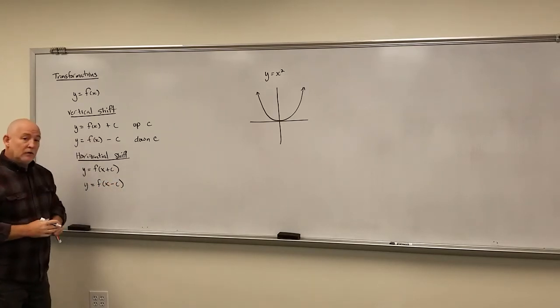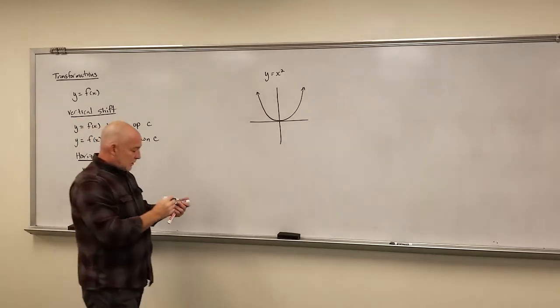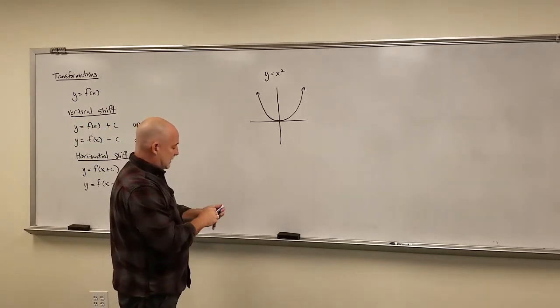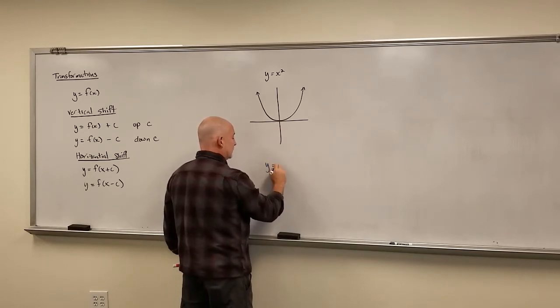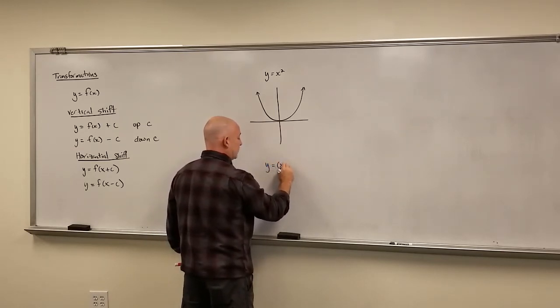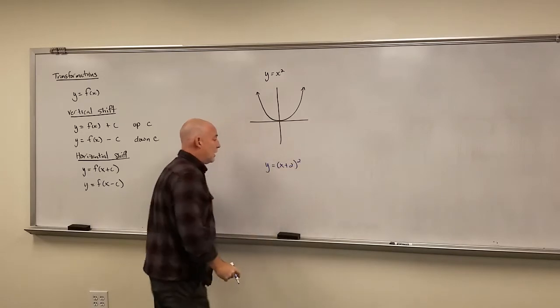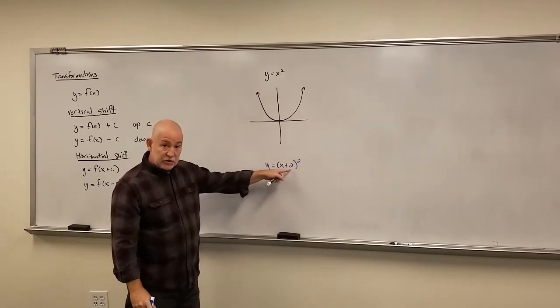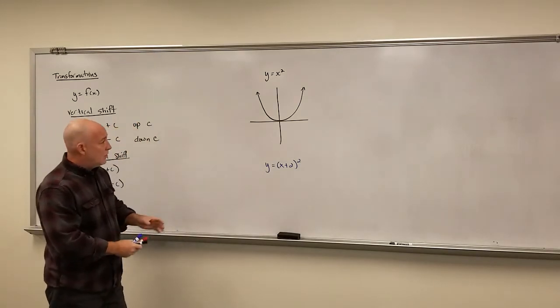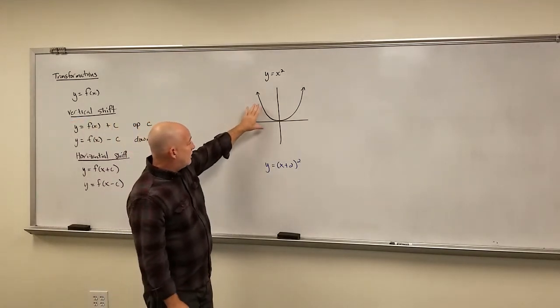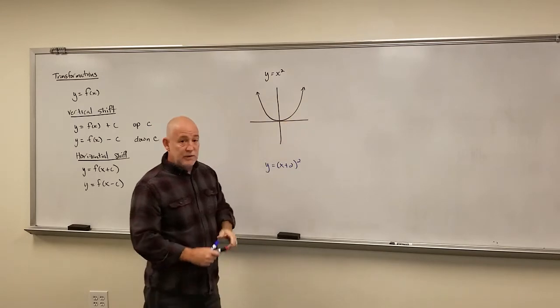Now, this one's a little bit strange. Let's say we had y is equal to x plus 2 squared. Notice all I did is add a 2 to the x value. Now, your common sense tells you, oh, that would take the original graph, the black one, and move it to the right 2 spaces.